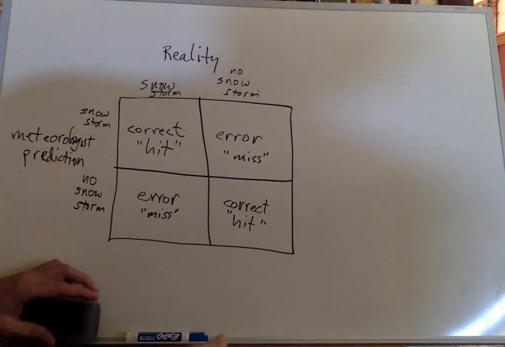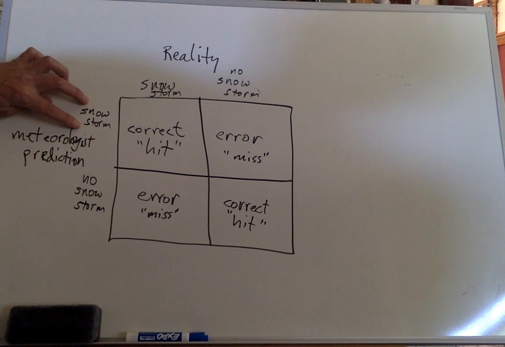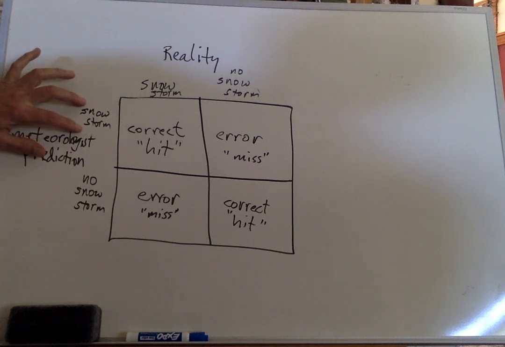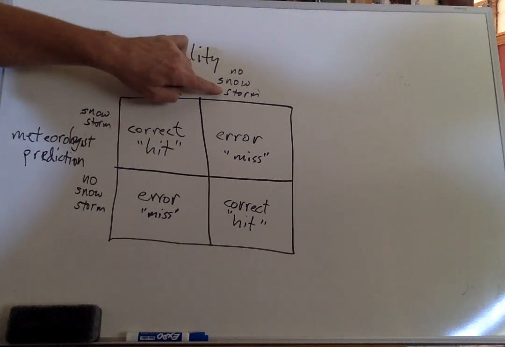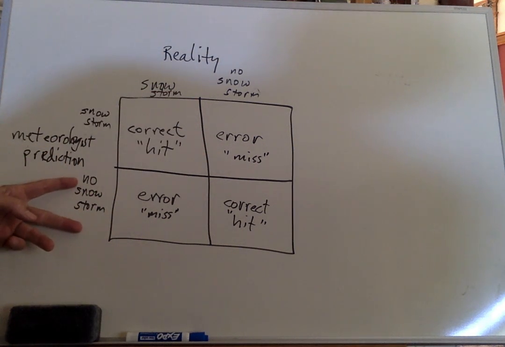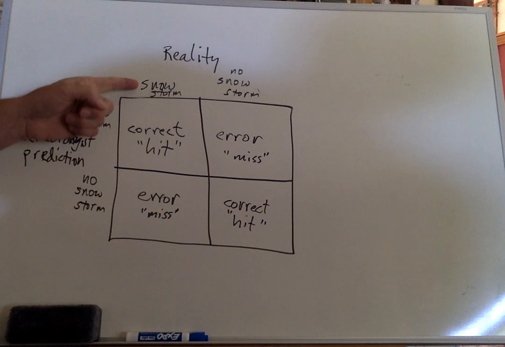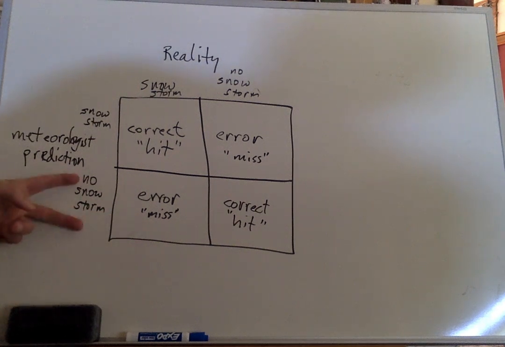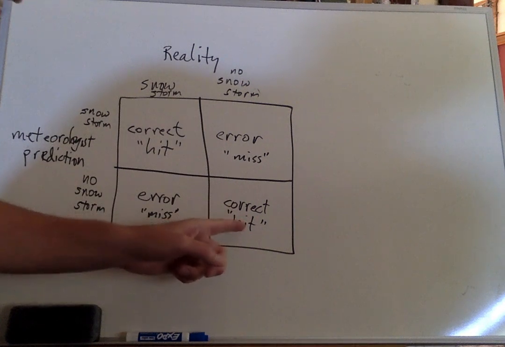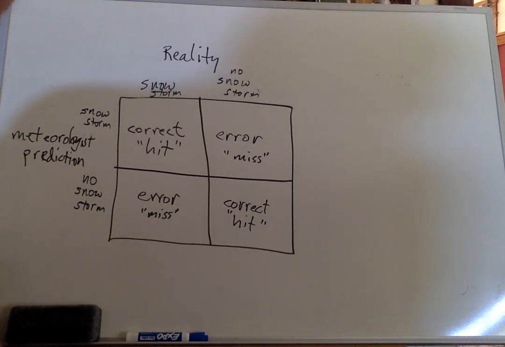And of course, we can still talk about meteorologists predicting a storm. Storm came. Meteorologist was correct. Meteorologist says snowstorm. No snowstorm came. That's an error. Just like no snowstorm, but a snowstorm really came. That's an error. They predict no snowstorm, and no snowstorm came. That's correct.